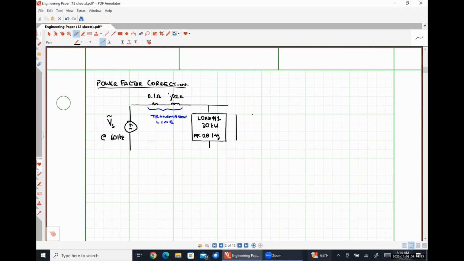And let's put a second load over here. And let's say that it draws 25 kVA at a power factor of 0.9 lagging.